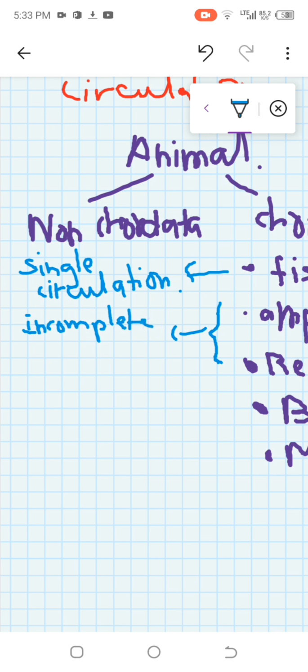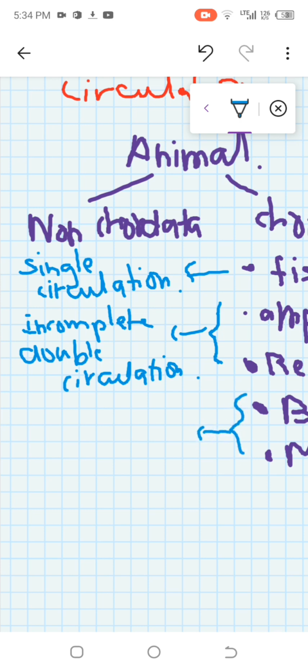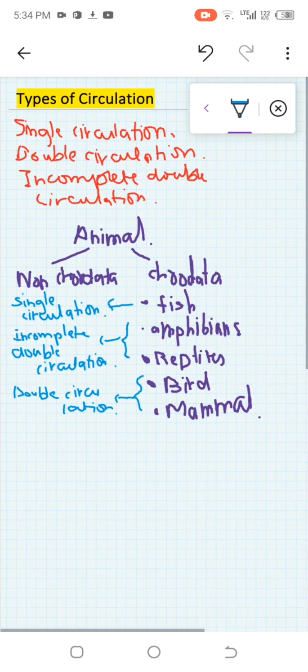The rest, birds and mammals, possess double circulation. Now let's discuss these circulations in more detail.